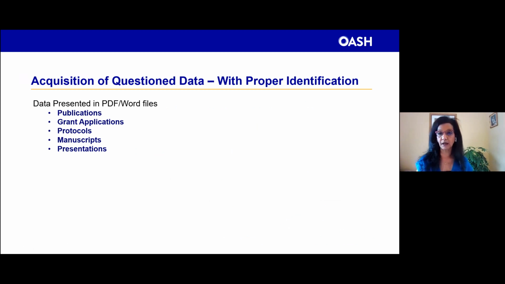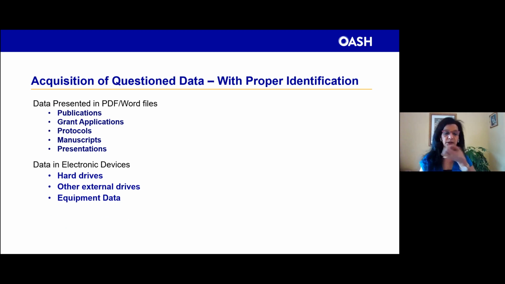So the initial step, as we all know, is that we have to download or acquire the questioned data so we can save it and analyze it later. But it has to be properly identified, because this is science in a legal context; we have to have a complete identification of the data and everything else. So we download data from PDFs, Word files, and electronic devices.